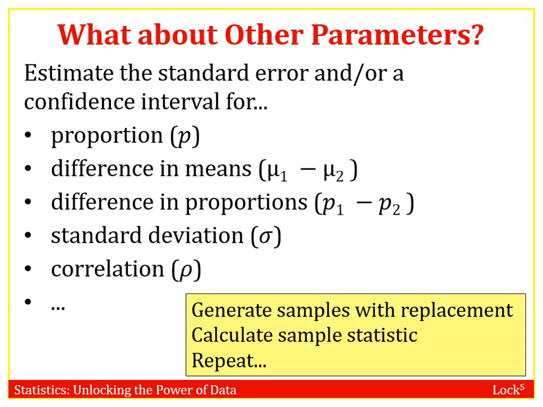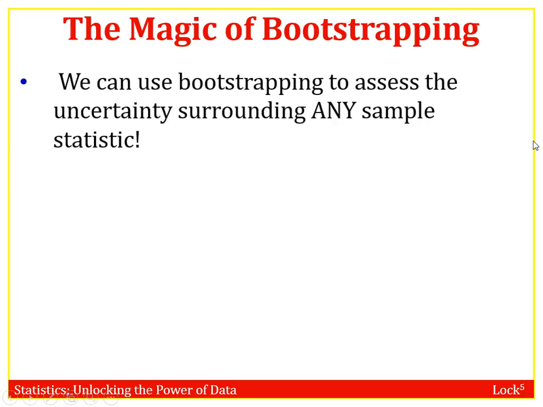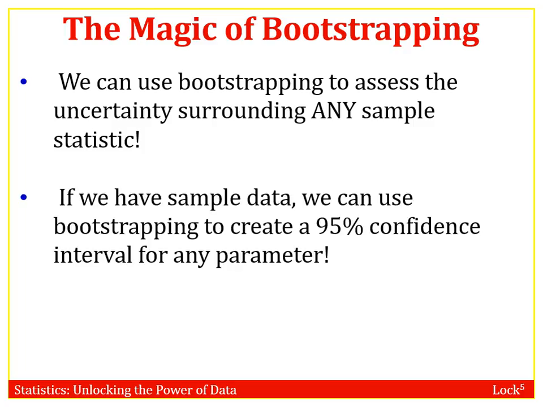Doesn't really make a difference. So, we can use the bootstrapping method to assess the uncertainty around any sample statistic. And that can help us with our 95% confidence interval.